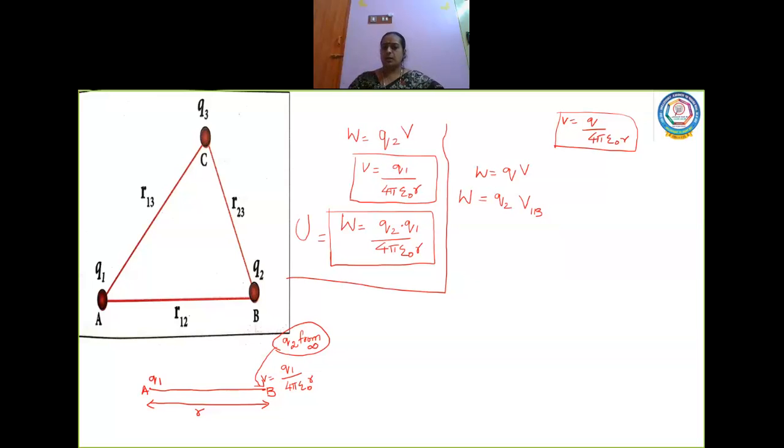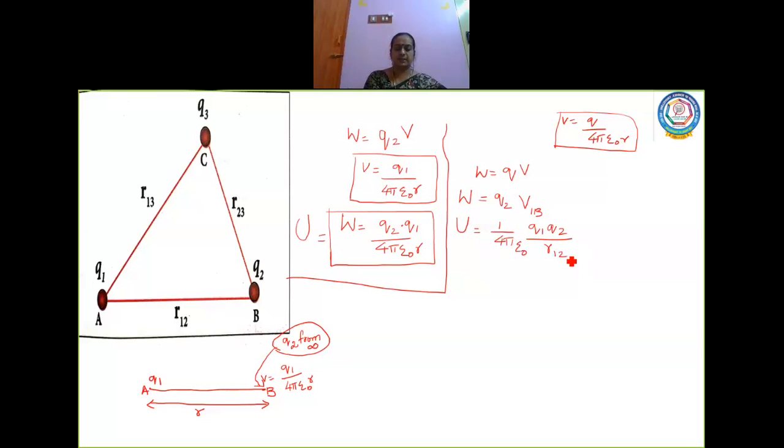So what will be the potential energy U? That is equal to 1 by 4 pi epsilon naught Q1 Q2 by R12. Is it clear? You understood?